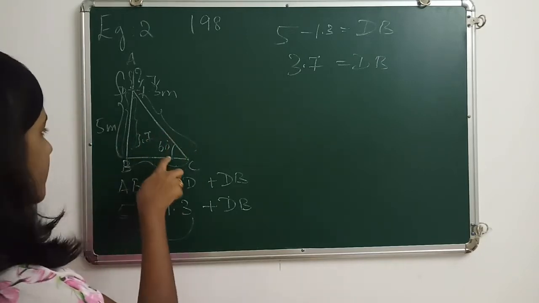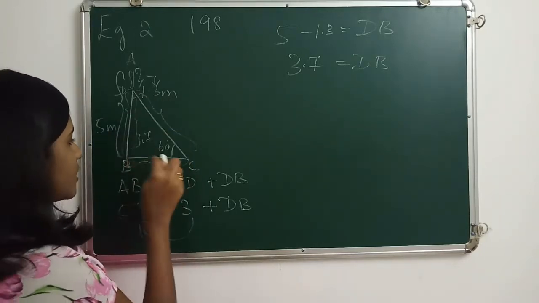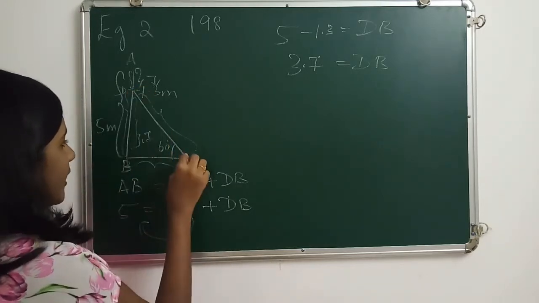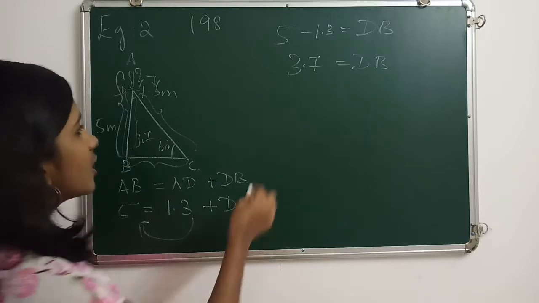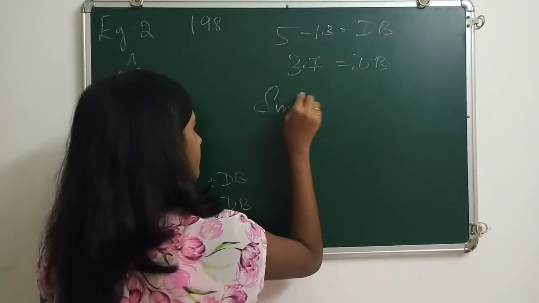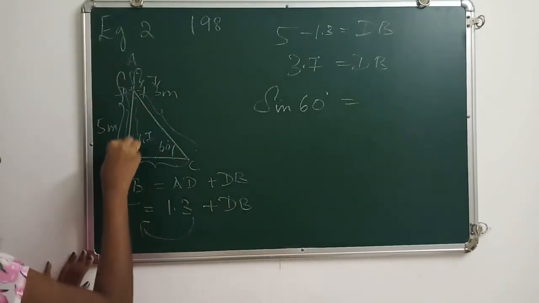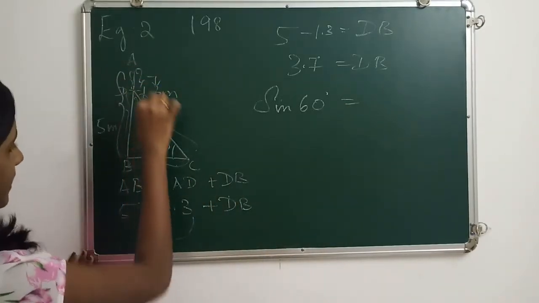Now with this and with this angle we can find this and this. Now first we can use sine because we have an opposite side and a hypotenuse to the angle 60 degree. Now sine 60 is equal to DB by DC.